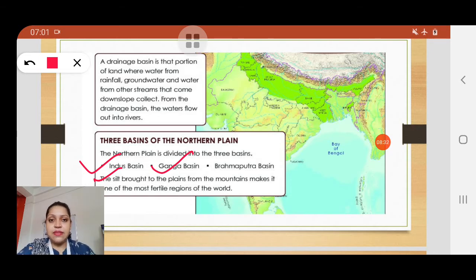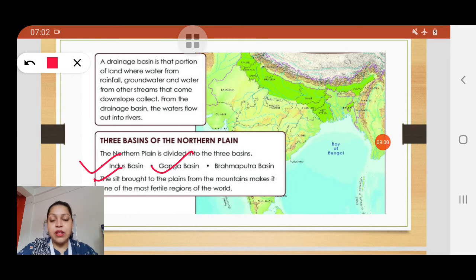Then the water flows to the rivers, and thus the silt which is carried by the stream makes the area very fertile. Sometimes what happens, the rivers overflow due to flood, the silt which is there at the bottom of the river overflows to both its banks, and what happens children?